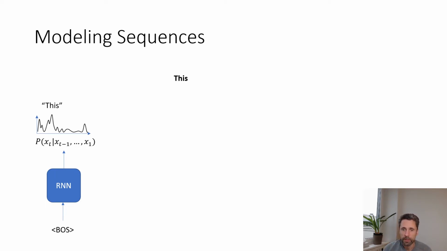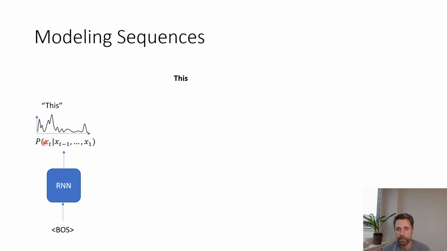But to summarize, if we have sequences like sentences, those are sequences of words or characters even. What we want is a model that spits out a probability distribution over the next word, right?